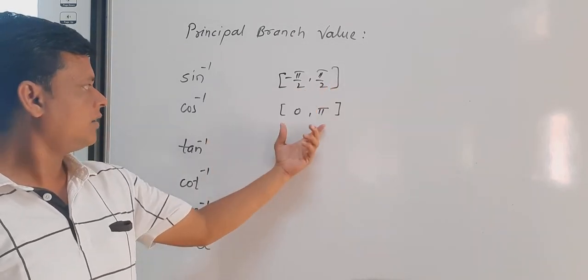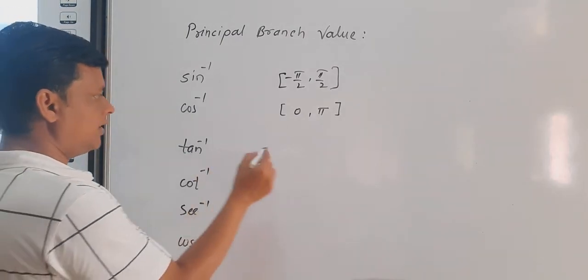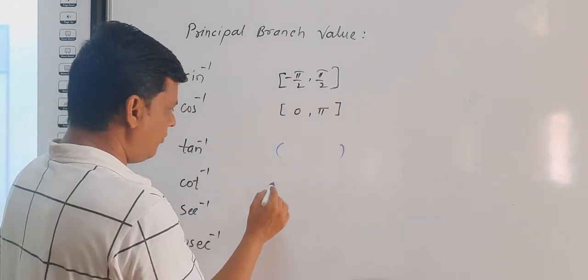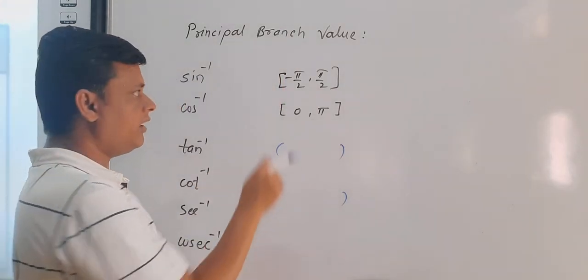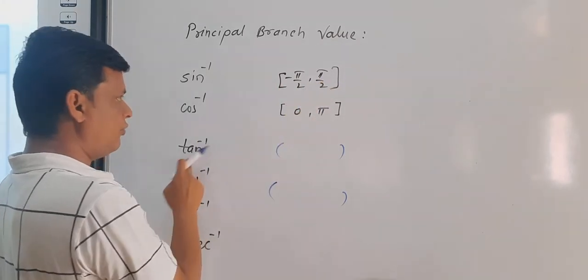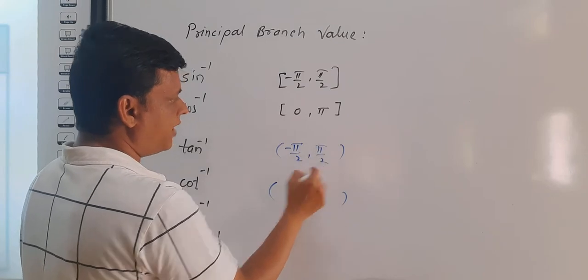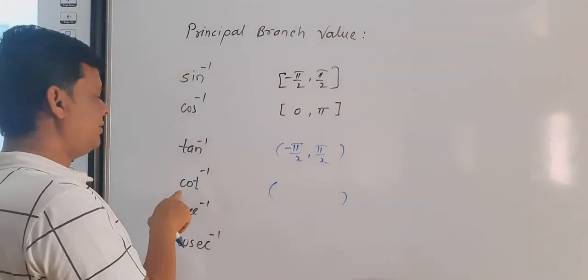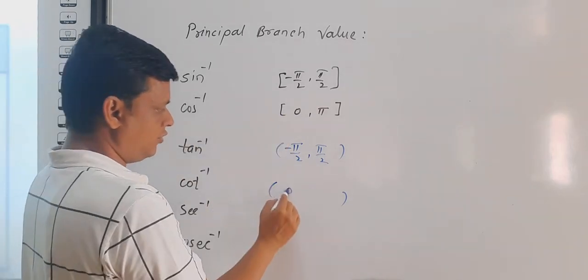For cos inverse, closed interval 0 to pi. For tan inverse, we have to write open intervals. For tan and cot, write in the same way. So for tan inverse, write minus pi by 2 to pi by 2, but in open interval. Similarly for cot inverse, write 0 to pi in open interval.